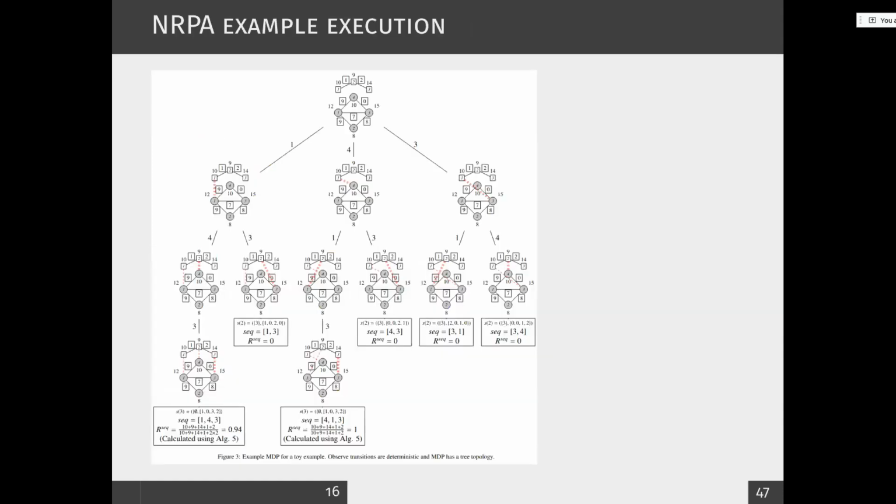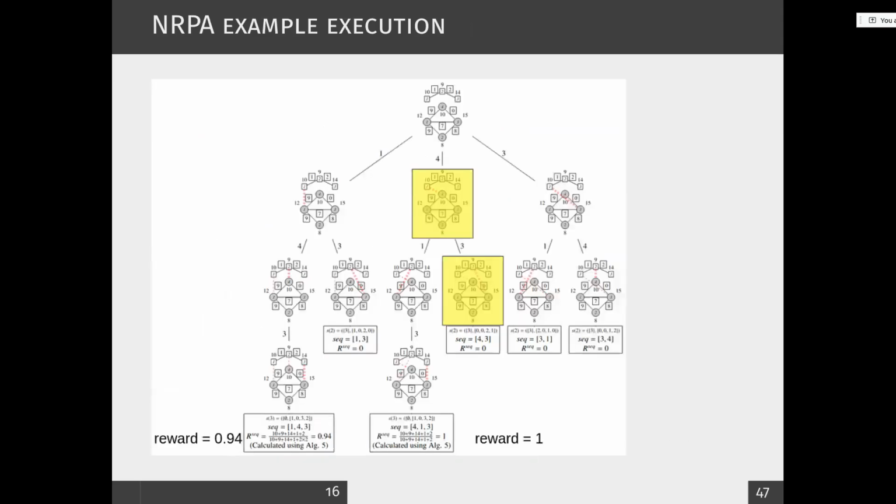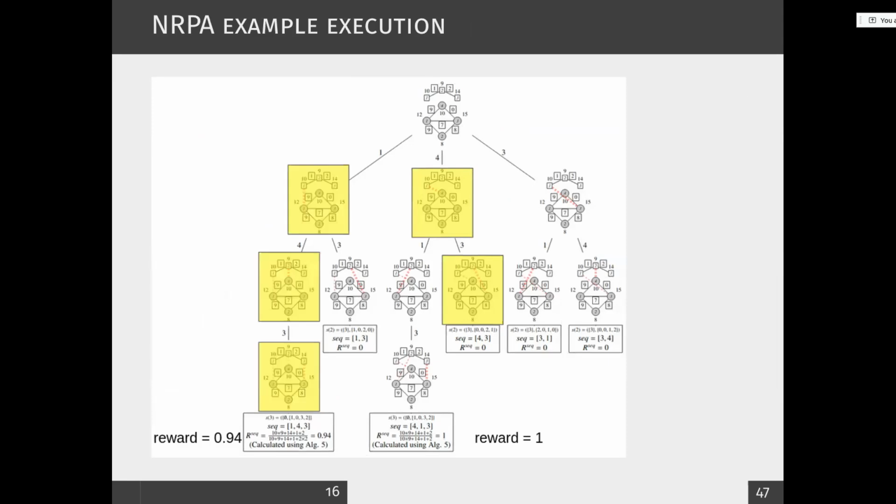So if I take the tree back, basically maybe I will do a first random simulation, and I will obtain this sequence, and so I will increase a bit the weights of this sequence. The reward was 0, it's not very good, but well. Then I will do another simulation, and now I find this, so randomly, and maybe I will find this one, which has a reward of 0.94.